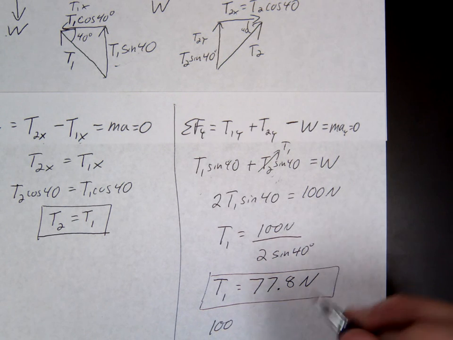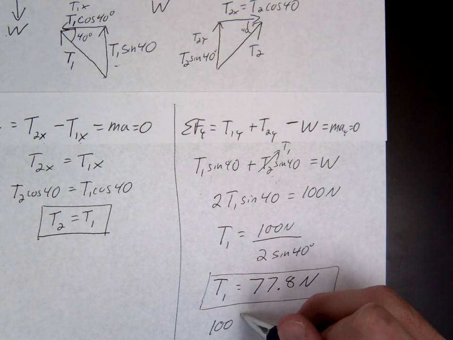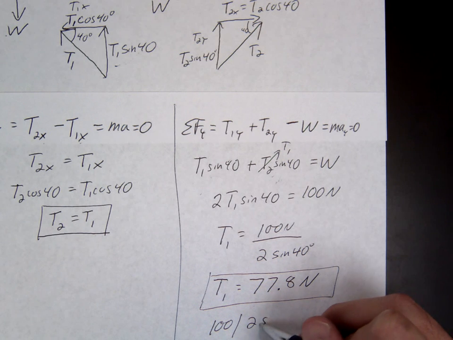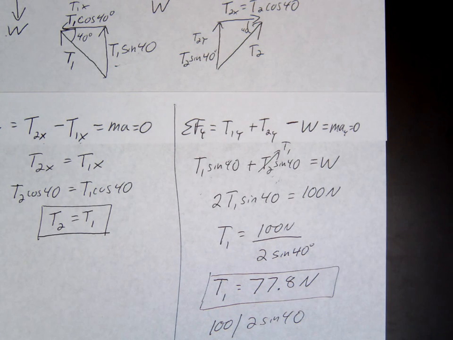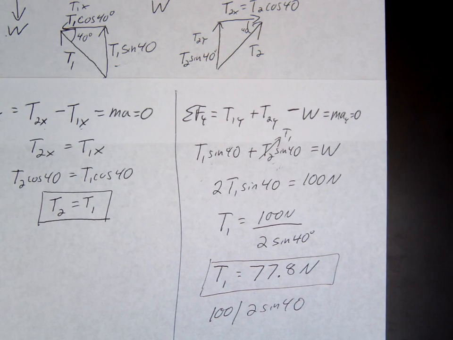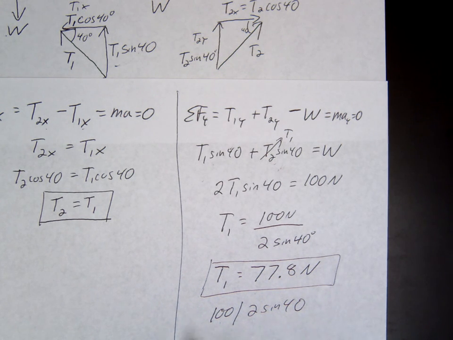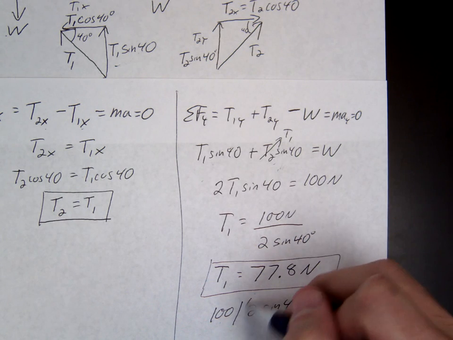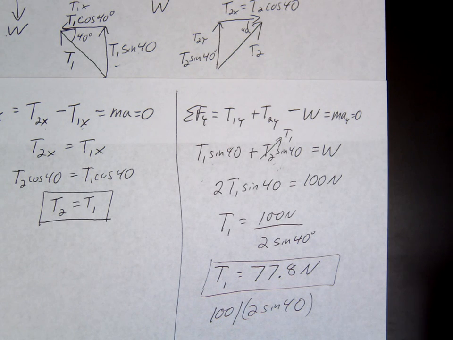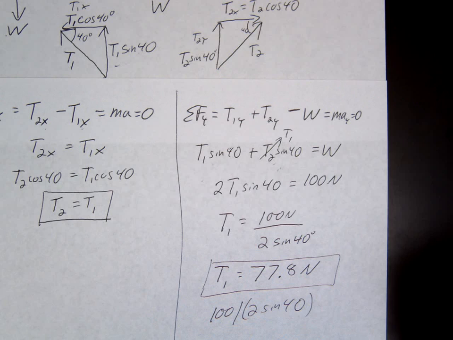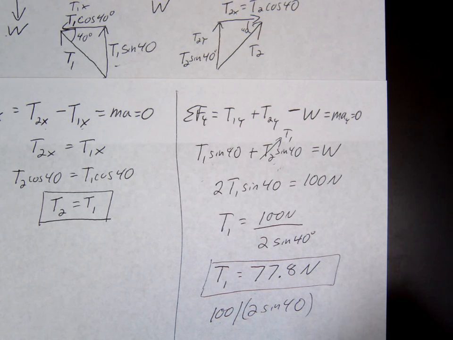They do this: 100 divided by 2 sine 40. Okay, what's wrong with this? Your calculator does order of operations here, so it'll go sine divided by 2 and then multiply by the sine. So if you're going to do it all at once, just make sure you parenthesize this. And make sure you're in degrees mode.